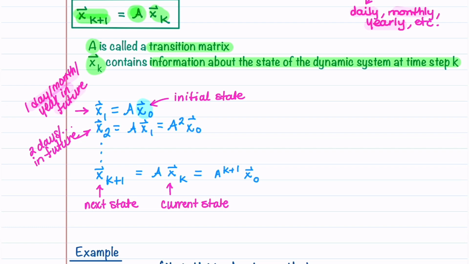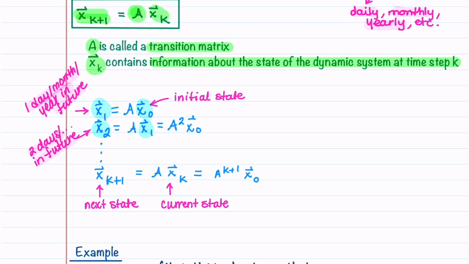In that situation, you're going to calculate x sub 1, and you're going to calculate that by multiplying matrix A times your initial state x0. Maybe then you want to find out what happens 2 days in the future or 2 months in the future. In that case, you're going to calculate x2. If we use the same formula, you're going to take matrix A and multiply it by x1.